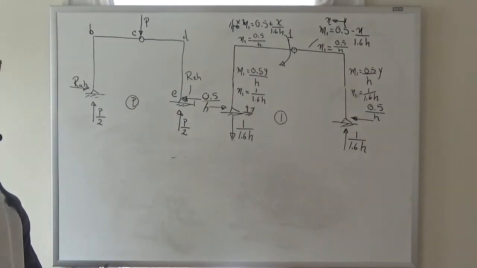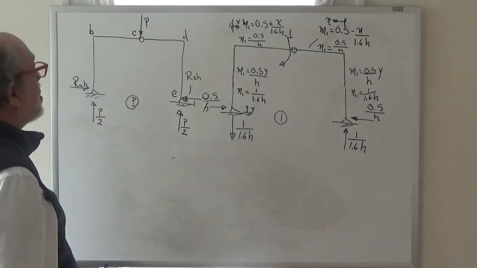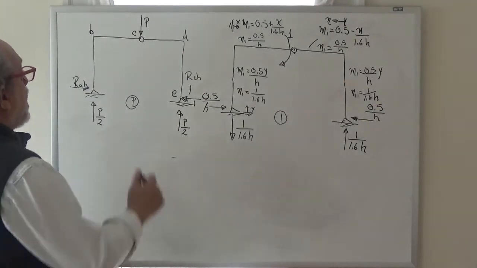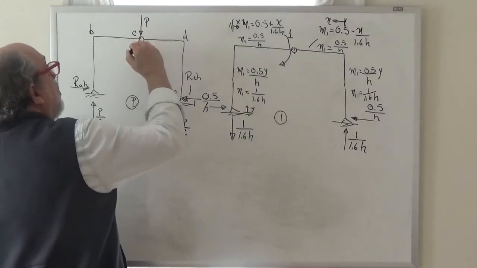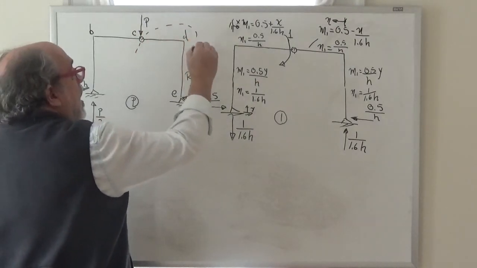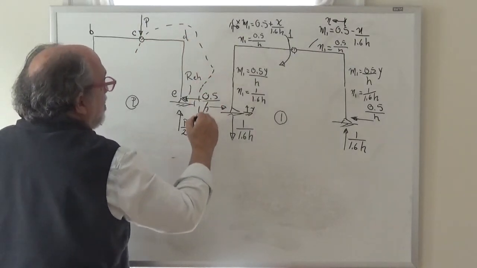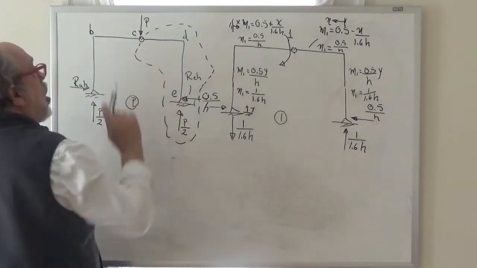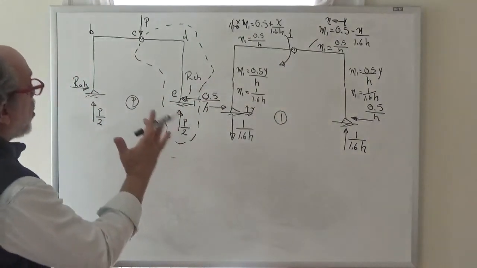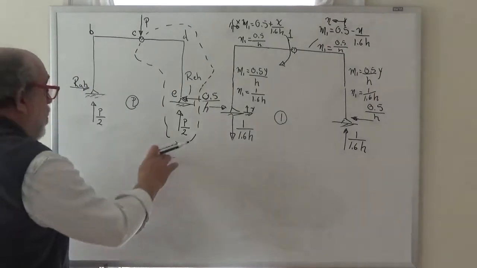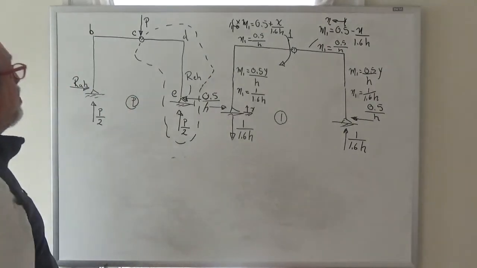So I'm going to assume that P is on the left side of the hinge. Therefore, my free body diagram that I'm going to draw right now, which is this bubble, does not have the P, because the P is on the left side of the hinge. By how much? By infinitely small.